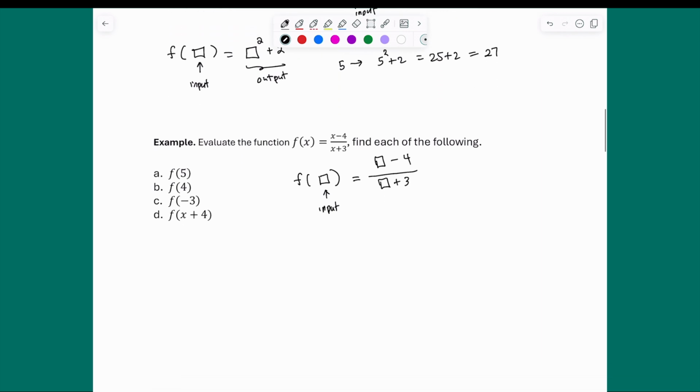All right, so let's see how this works. So first example, we have f of 5. So we get 5 minus 4. And then we divide by 5 plus 3, which would give us 1 over 8.